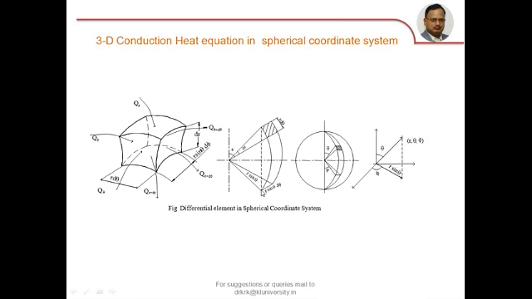So this arc length is r sin theta d phi. So one is r sin theta d phi, the other one is dr, and the third one is r d theta.